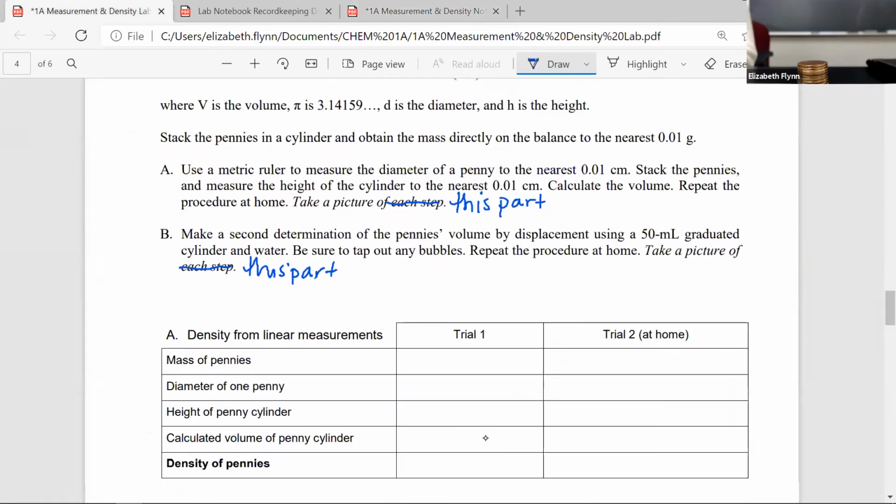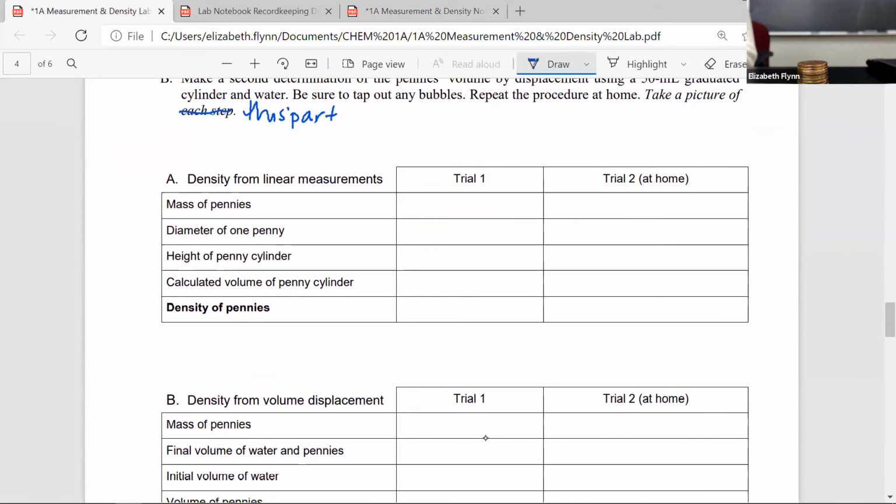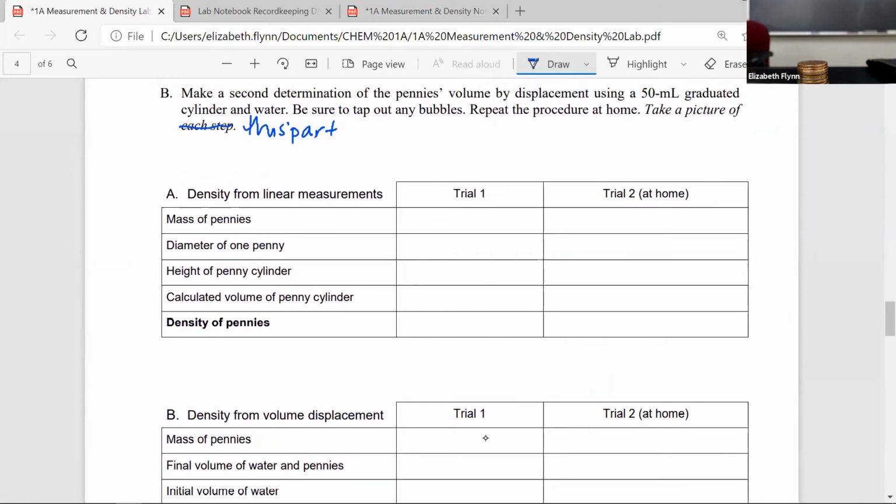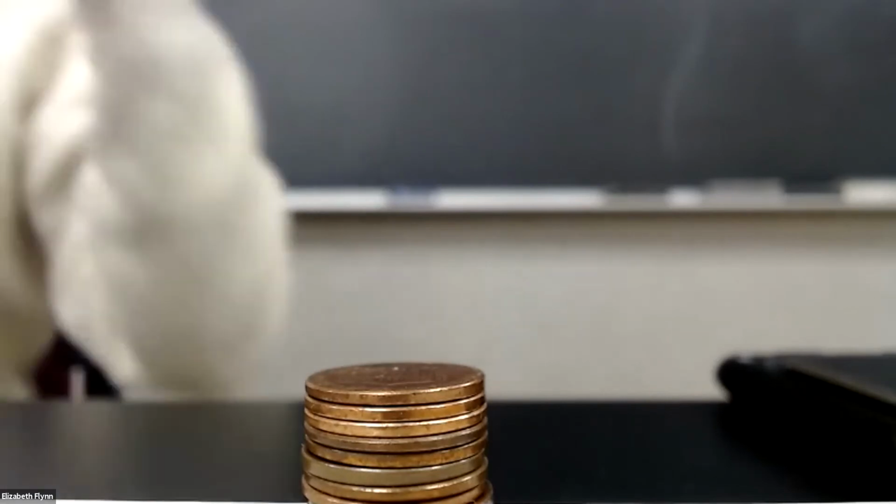So we are going to now do part B, density from volume displacement, using water displacement. This time we will just add some water to our 50 milliliter graduated cylinder.